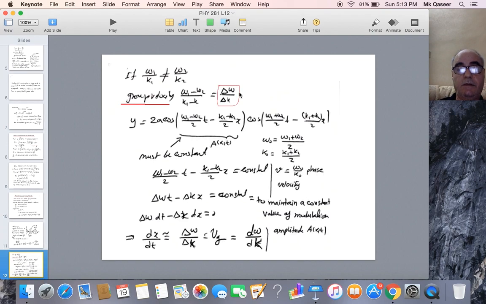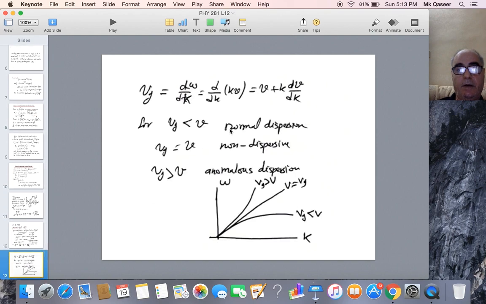Now what we are looking for is delta omega by delta k, which is the group velocity. Take the limit as delta approaches 0, then we are left with d omega by dk, which is v group. Now substitute omega equals kv, we get this expression. V group is v plus k dv by dk. Now we have three cases.